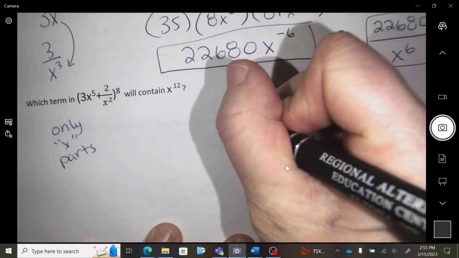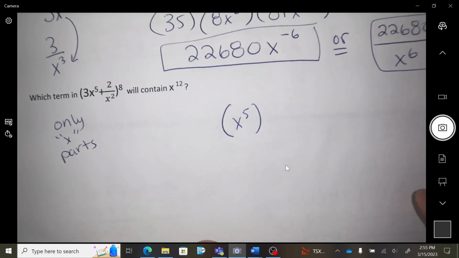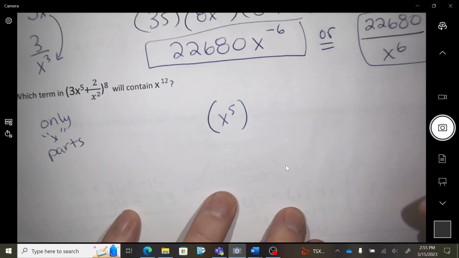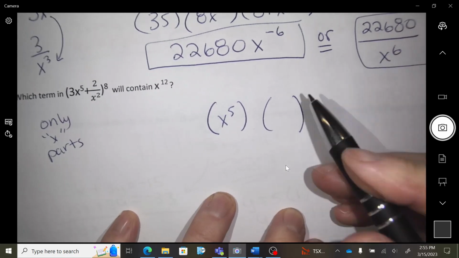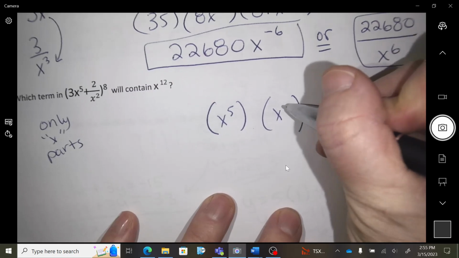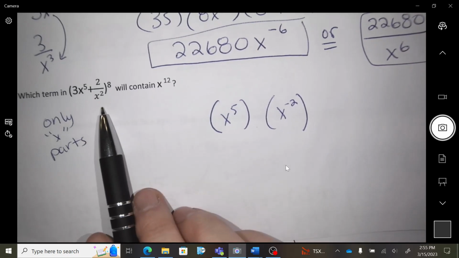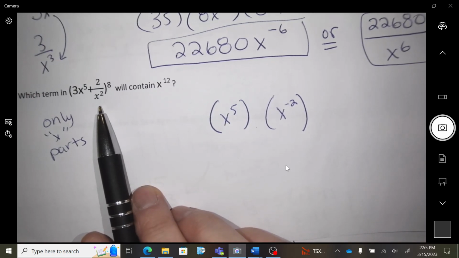The x part of the first unit is x to the 5th. The x part of the second unit is x to the negative 2. You see that? Because look at it, it's on the bottom, so now it's a negative 2.